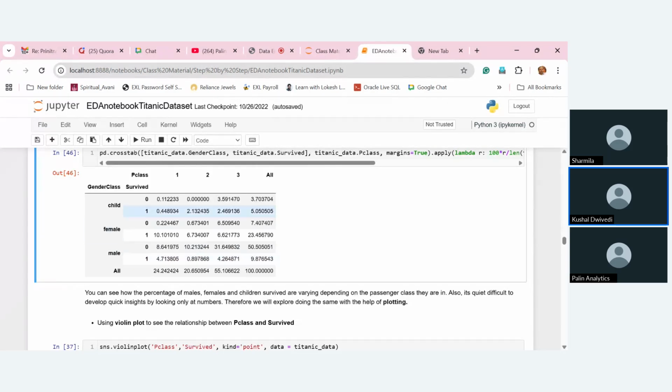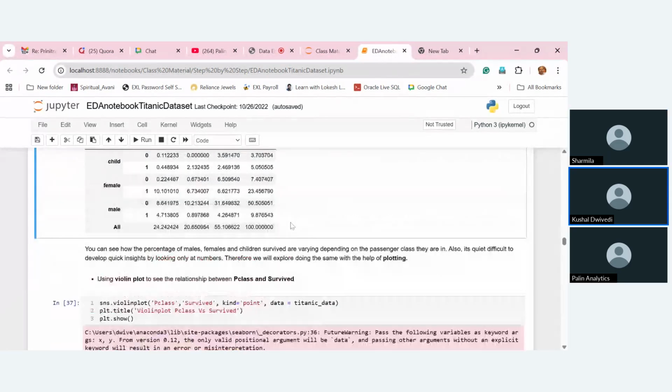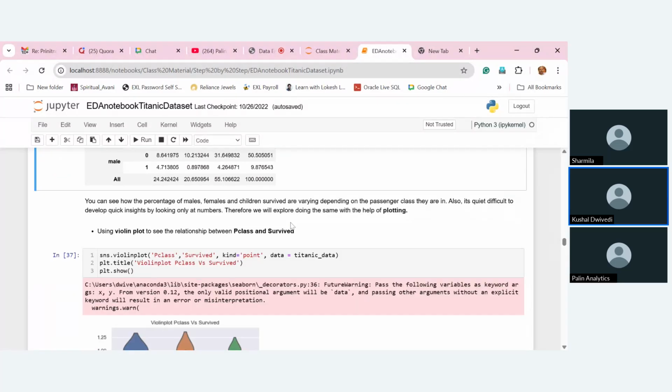So, passenger class wise, for children, males and females, the lower passenger class has fewer chances of survival. Okay, so the passenger who paid more has more chances of survival.